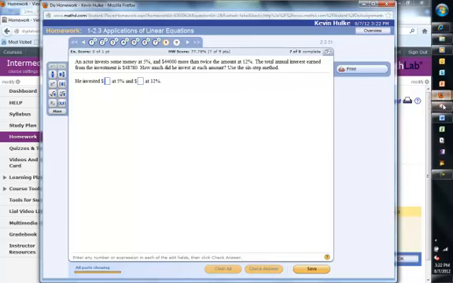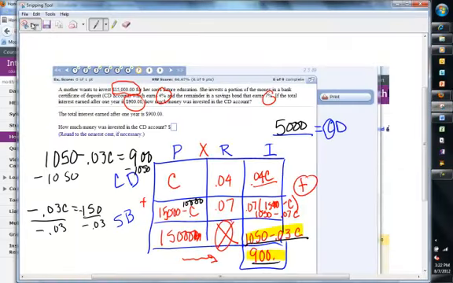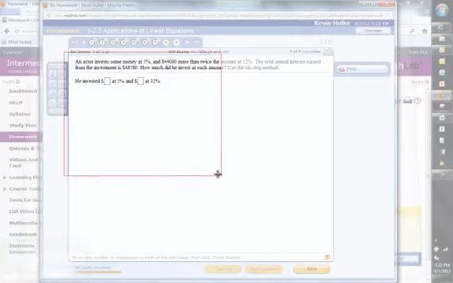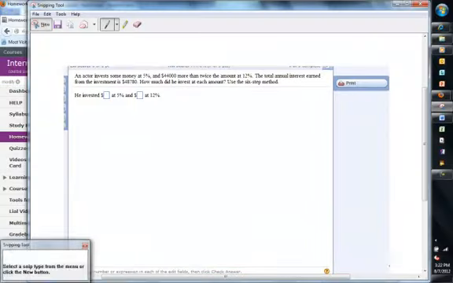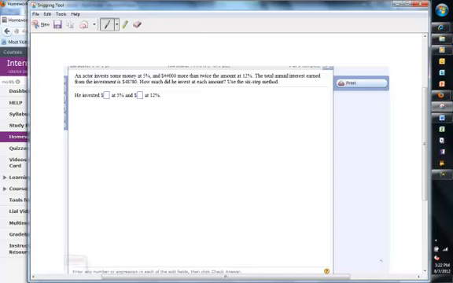Another similar problem here. An actor invests some money at 5% and 44,000 more than twice that amount at 12%. The total annual interest from the two investments is 48,780. How much did he invest at each amount? Use the 6-step method. So the first step is always to say what our variable is.